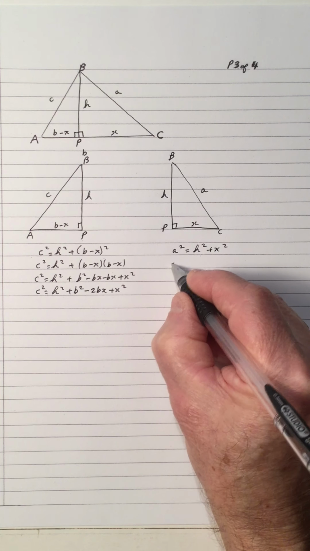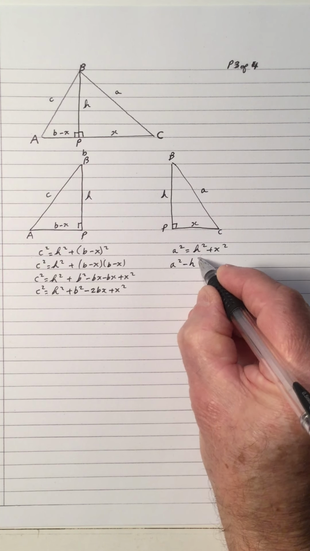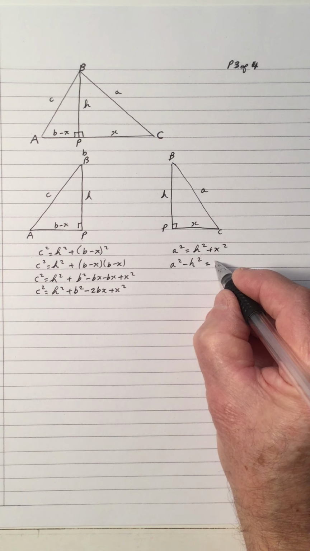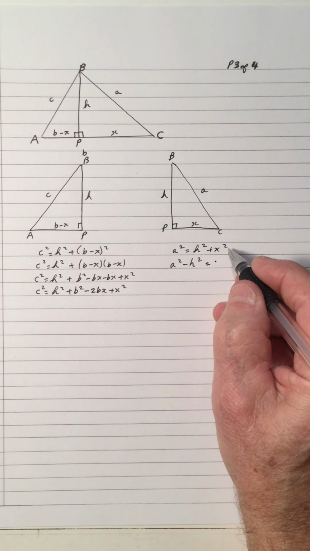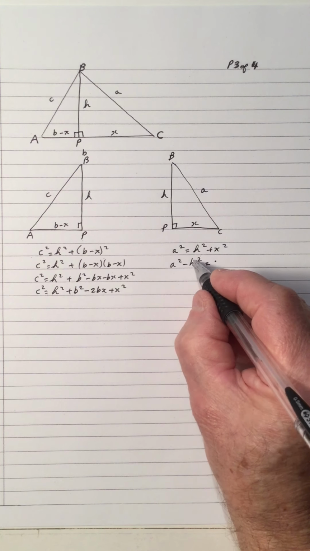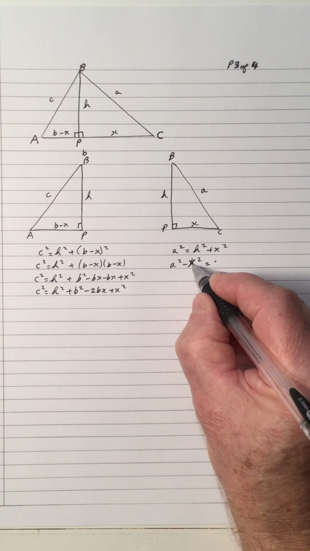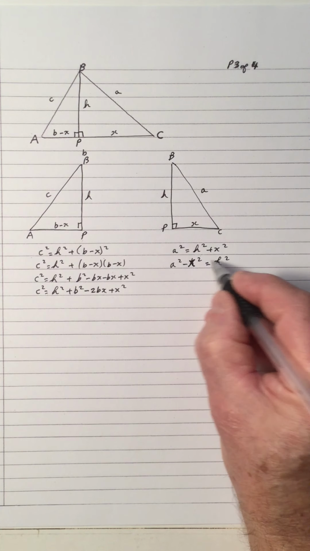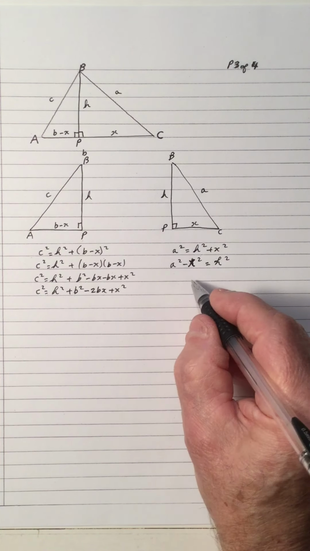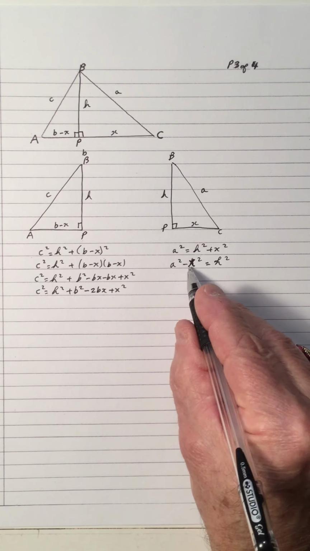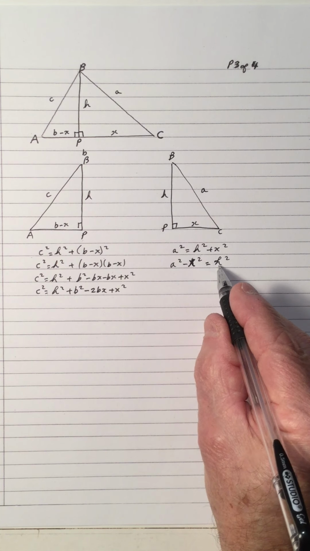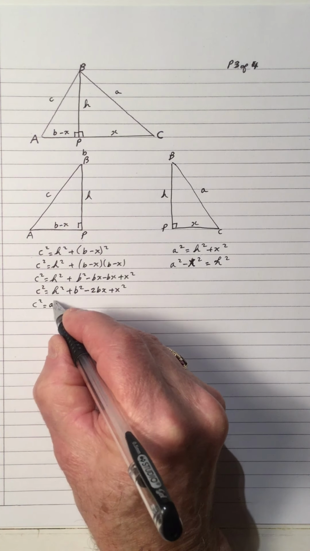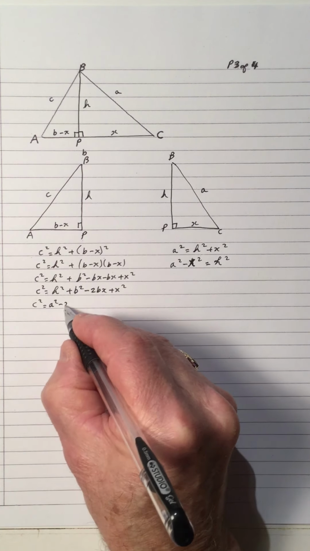That means a squared minus x squared equals h squared, because we're going to do a substitution. So h squared is a squared minus x squared.